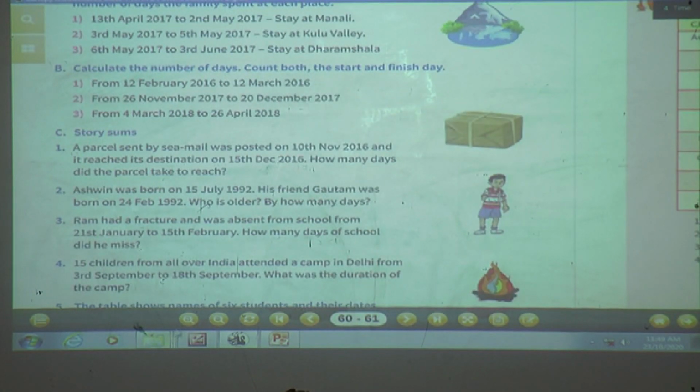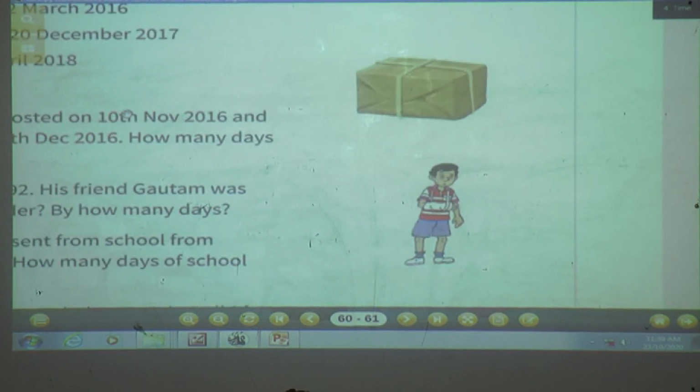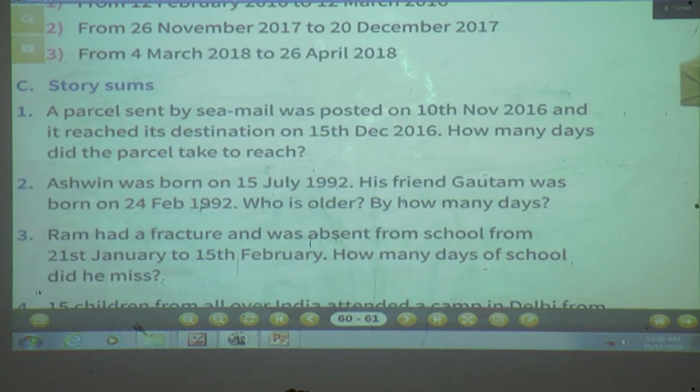Now see, what is the question? A parcel sent by C-mail was posted on 10th November 2016 and it reached its destination on 15th December 2016. How many days did the parcel take to reach?